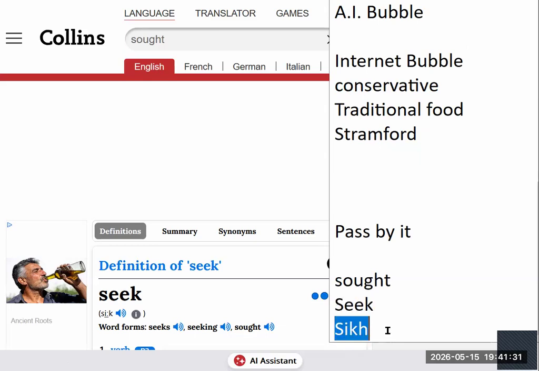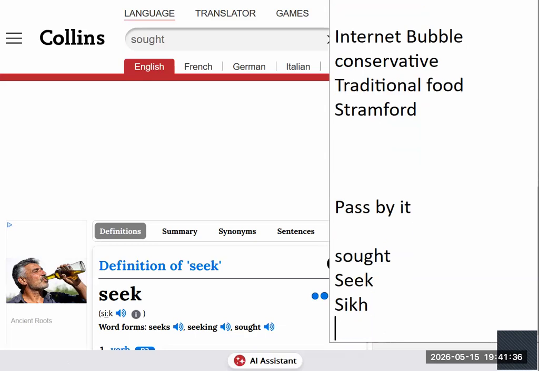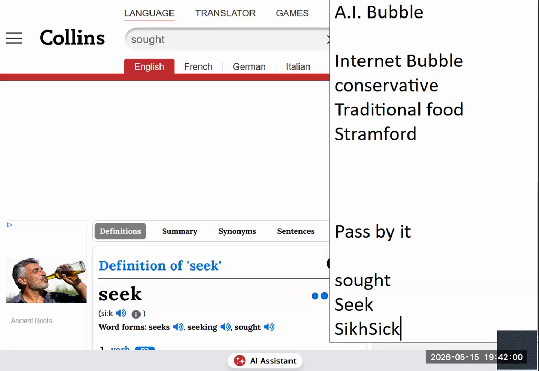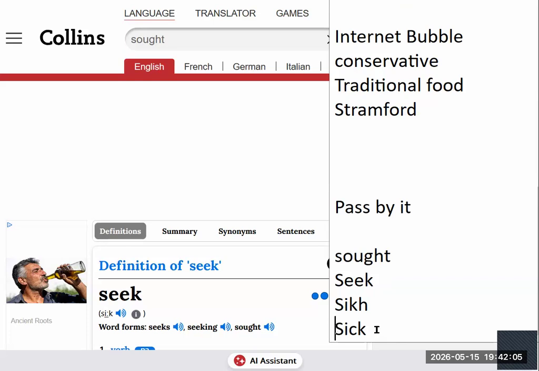Makes sense? You've heard of the same pronunciation, for example, sick, if I'm ill, I will tell I'm sick. It's a different pronunciation.